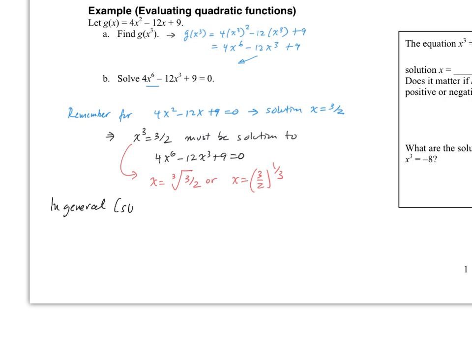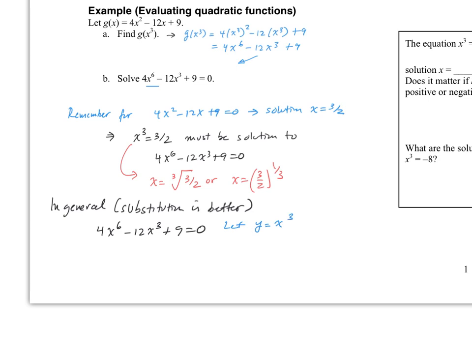In general, substitution is better. It's exactly the same thing we just did, but this is what I mean by substitution. You can say that 4x to the 6 minus 12x cubed plus 9 equals 0. And then you say let y equal x cubed.